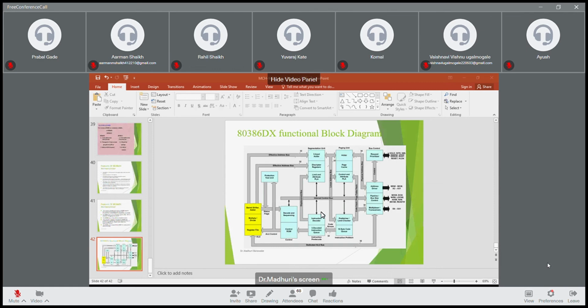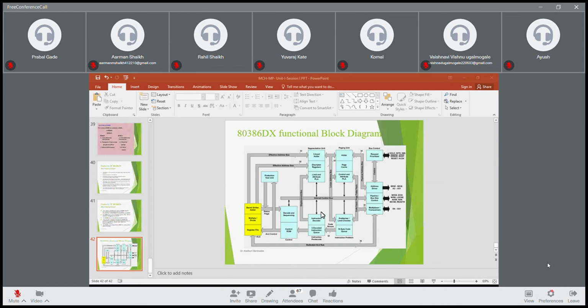Now, have you understood the function of each register? Until you respond, I will not go ahead. Do you understand each and every register, what is the function of that register? I told you the function of each register during the 8086. Shall I repeat it again?